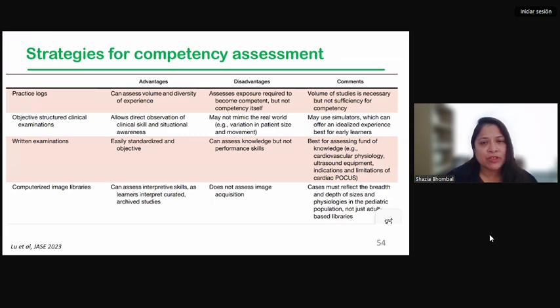There's also one of the pediatric papers from ACE on strategies for competency assessment. That's a whole other talk for another time, but it involves logs, written examinations, image libraries, clinical examinations, many different pathways and strategies for assessing competency.